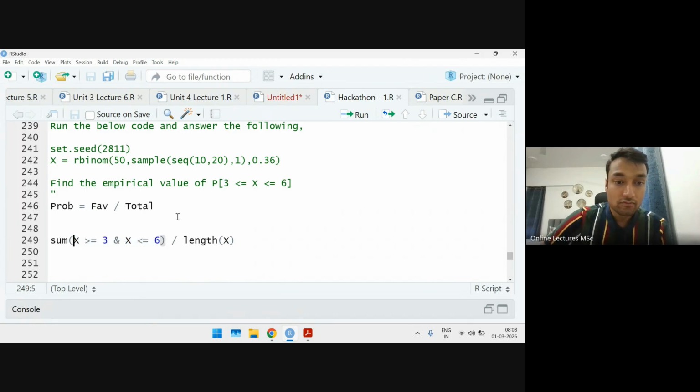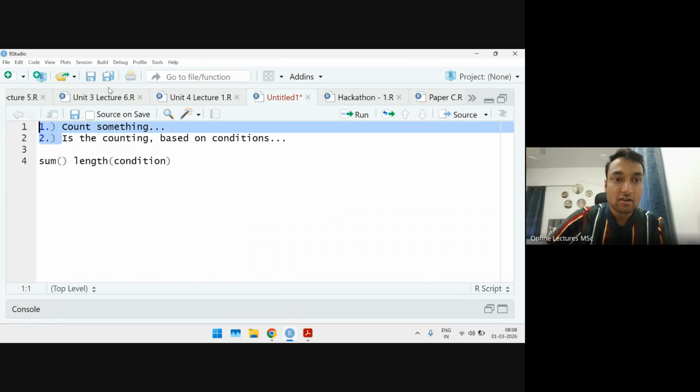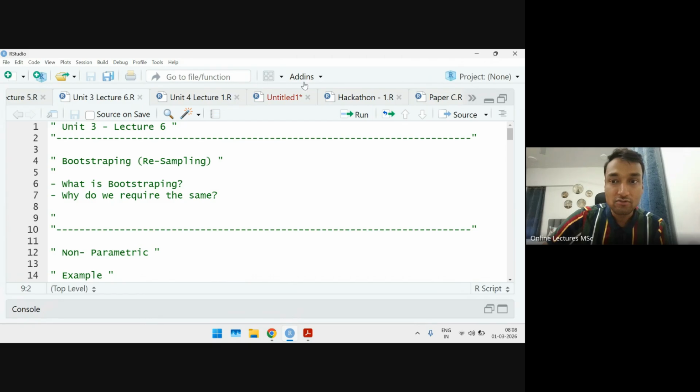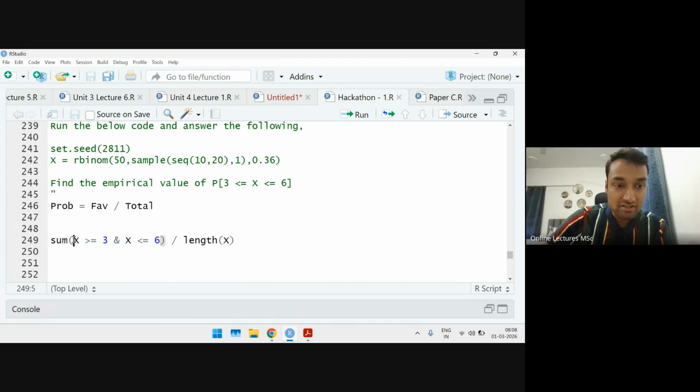One way is to apply a sum function on top of it. Given the problem statement, I want to count the number of instances which satisfy this condition, and by the very nature that I want to count, it's conditional counting. Whichever numbers satisfy this criteria are the only ones I take into account. Hence I have a condition, and since I want to count on top of the condition, there's some function on top of that.